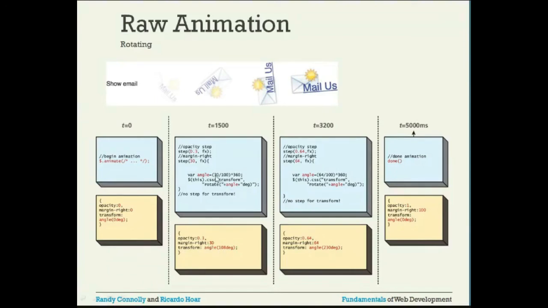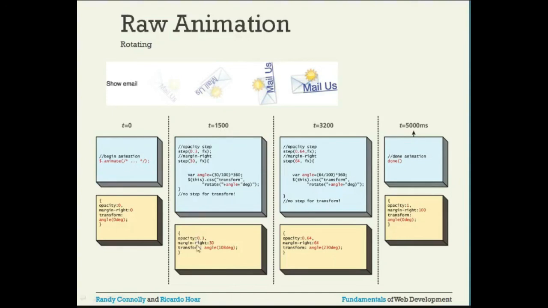That is 30 divided by 100, which is 0.3, times 360, which comes to 108 degrees. So this is what is going to be set. The opacity will slowly increase, the margin will slowly increase, and the angle will slowly increase, meaning it will rotate, going all the way through 180 degrees, 270, and back to 0.